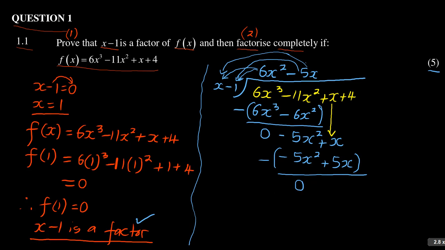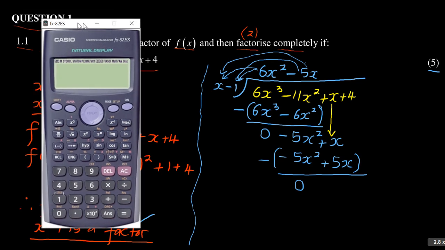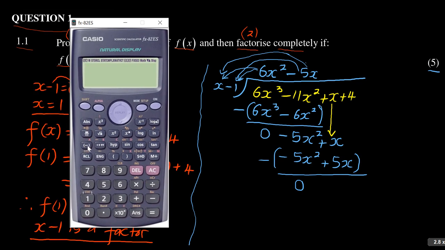In this case, if I take my calculator, I can say minus 5 minus 5, and you can see I'm getting a 0. And then the other one, I've got x minus plus 5x, so x represents, remember, where there is x there is a 1, which is 1 minus bracket plus 5, which gives you a negative 4.